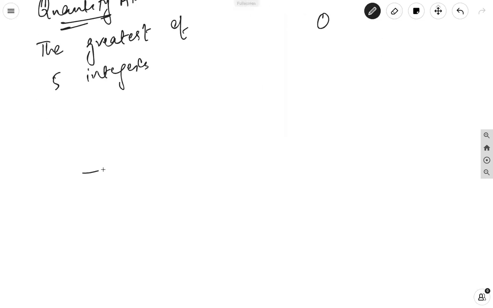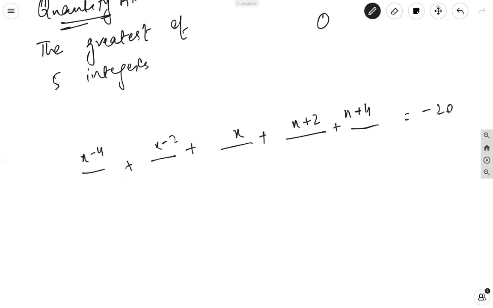Now let's see what the answer is. We have 5 consecutive even integers whose sum is minus 20. Again, using the way we discussed, if this is x, then x plus 2, x plus 4, x minus 2, x minus 4, and these sum to minus 20. Now 2 and 4 will cancel out, so 5x is equal to minus 20.